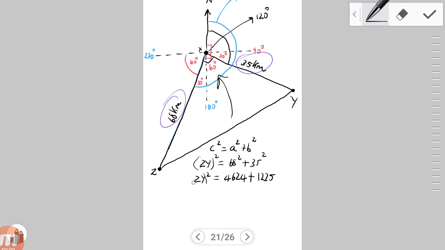Okay, so ZY squared is equal to, let's see here, 4,624 plus 1,225, which is 5,849.